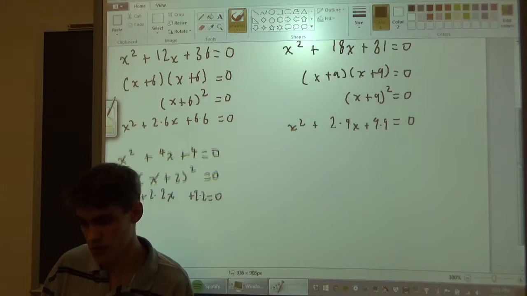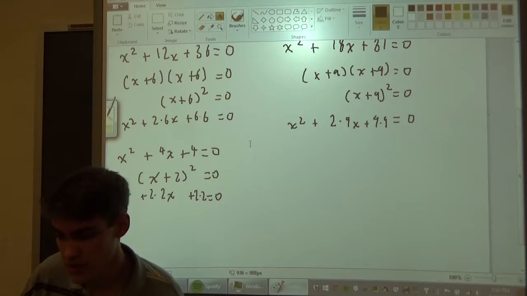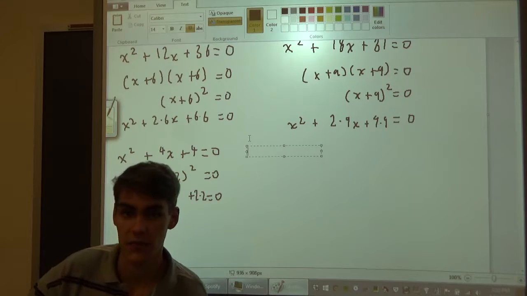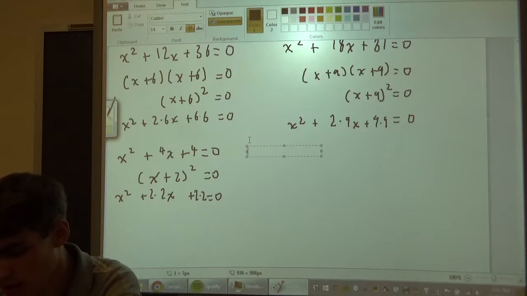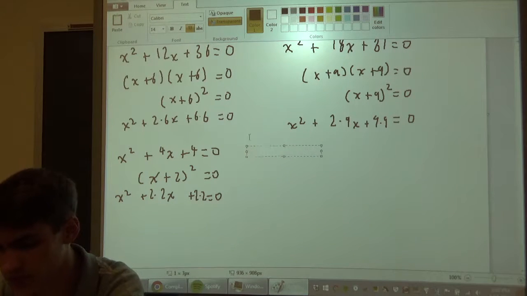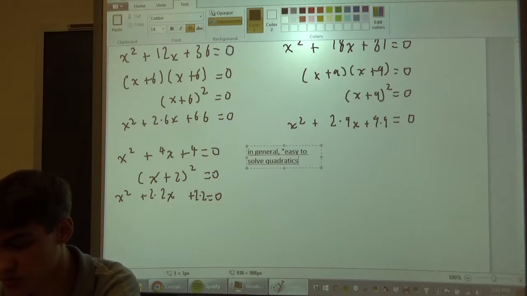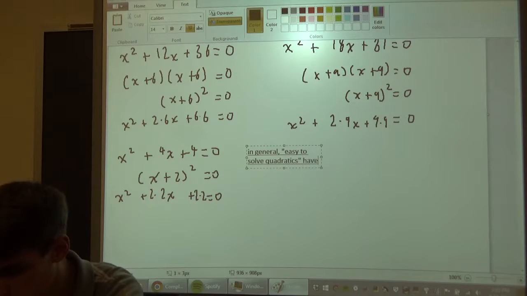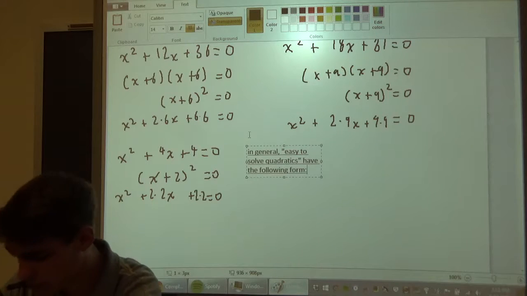So the pattern that we're noticing here is very important to understand completing the square. So I'm going to write, in general, easy to solve quadratics have the following form.